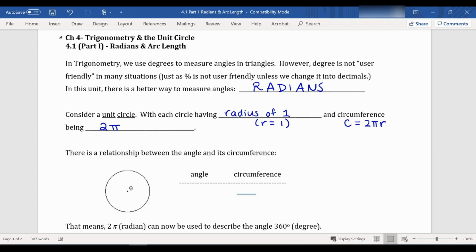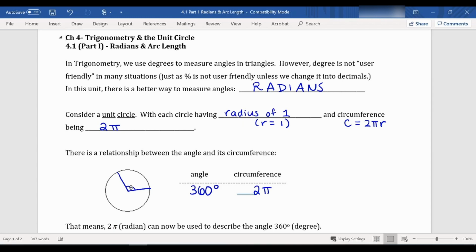Now, there is a relationship between the angle and its circumference. Normally, we would have 360 degrees in a circle. And if we look at this specific circle with a radius of 1, we know our circumference is 2 pi. So if I look at, for example, an angle in the middle of the circle, theta, this angle here would be a certain chunk of our circle.